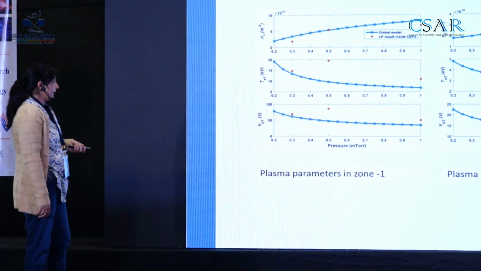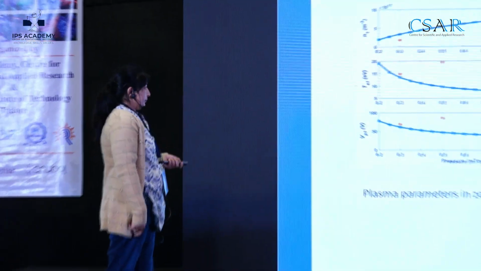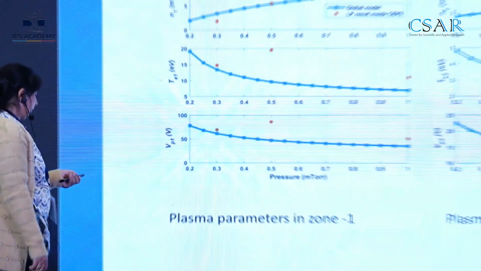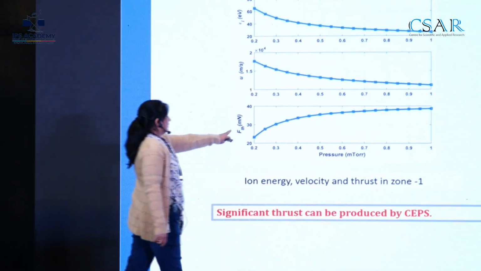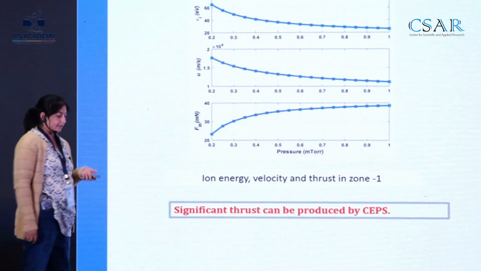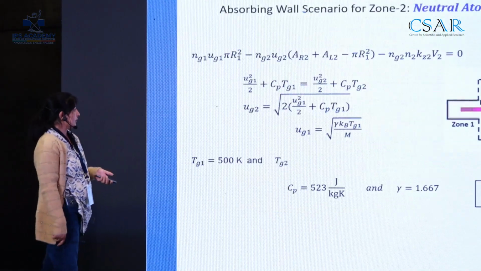And here we have this assumption that the parameters are the same. So extending these calculations from zone 1, we can have thrust values of around 40 millinewtons, which is not far from what we have from the LP calculations and ion energy calculations.